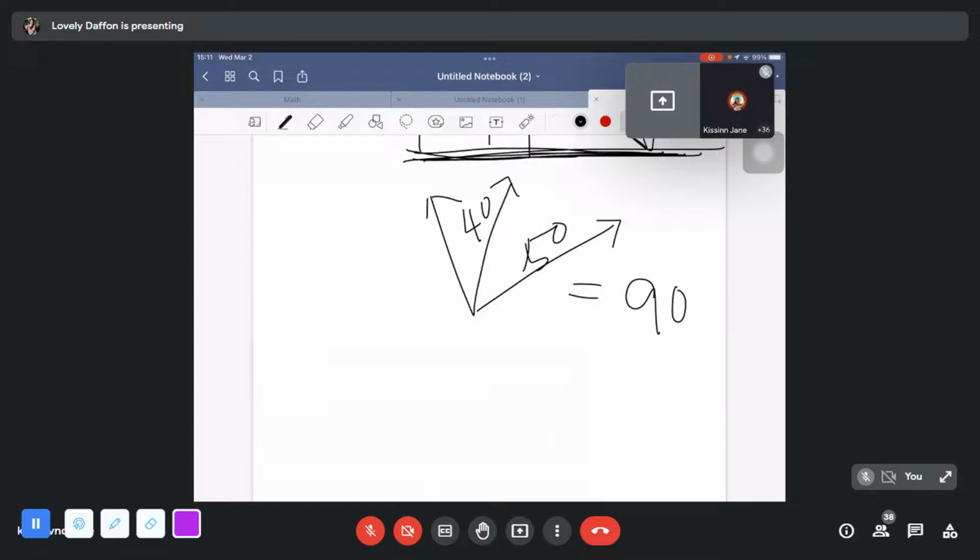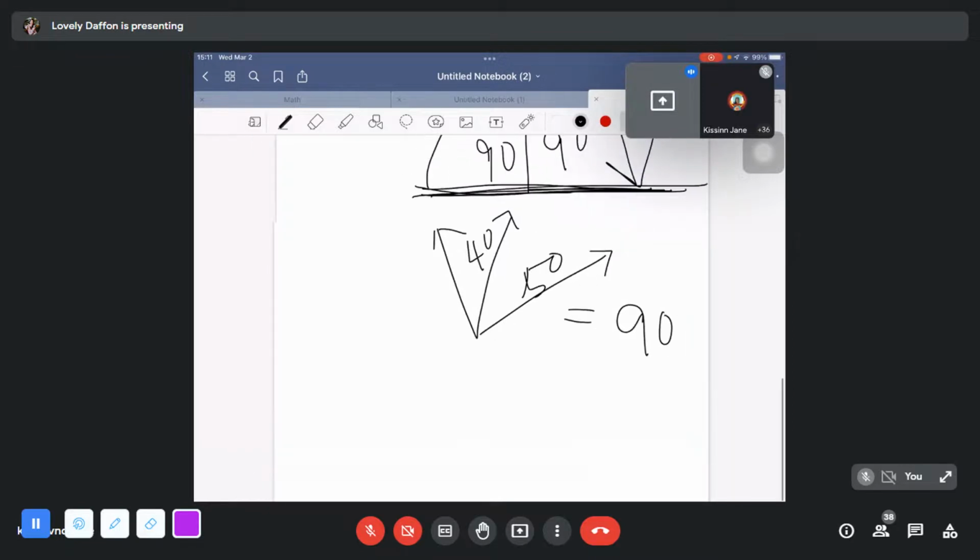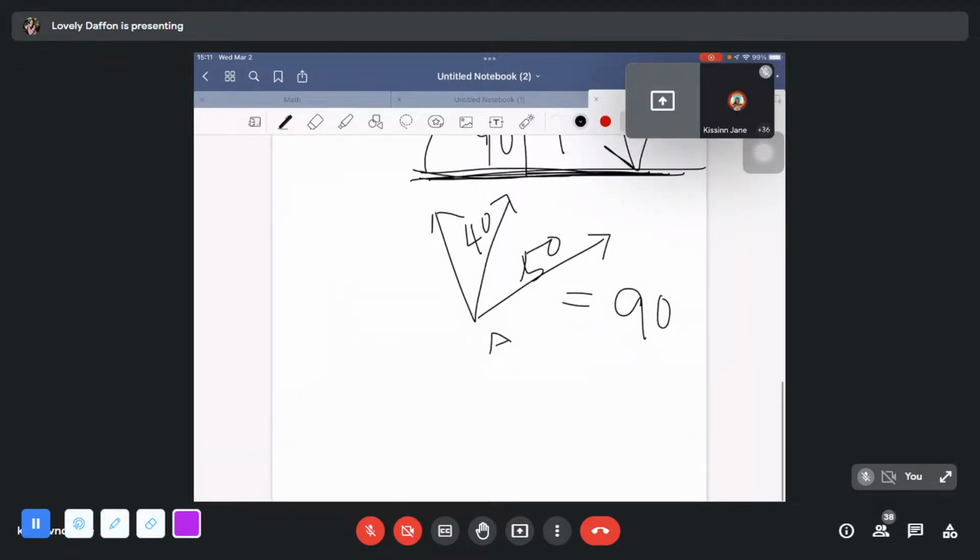So if we label this A, this is B, this is C, this is D. In short, angle BAD and angle BAC are complementary angles because when you add the measure of angle BAD and the measure of angle BAC, it will give you 90 degrees, and therefore they are complementary with each other.